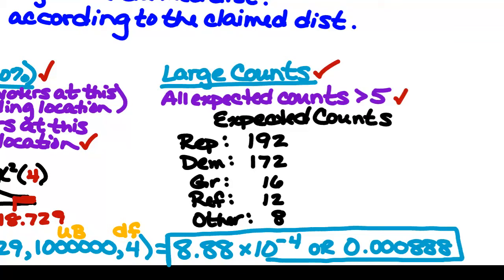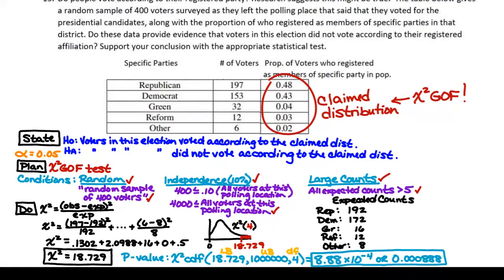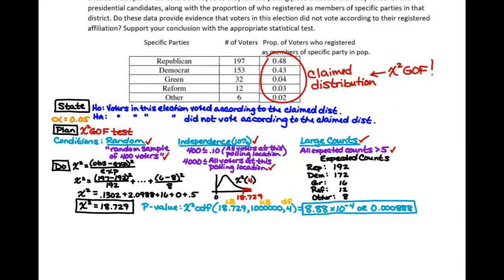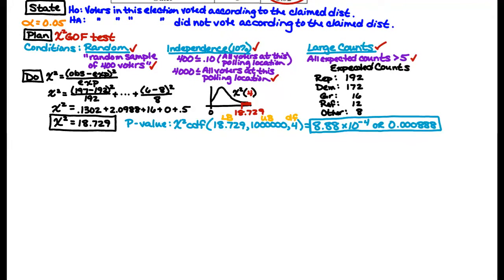All right, the only thing that we have left is our conclusion. Let's see if I can actually do this right now, because I'm going to have to bump down. All right. Are we going to need to do a follow-up analysis here? Yes, because we're going to reject.